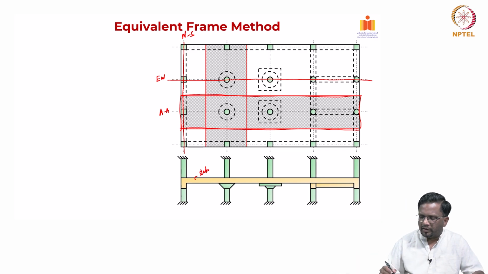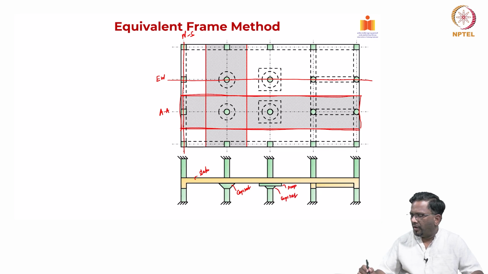For example, here you have a column capital. Here I have a drop panel and a capital. In this last span, when you look at it here, the slab also has a beam, right.